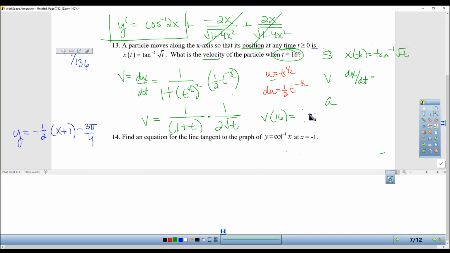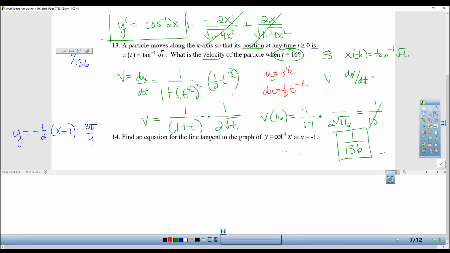So v of 16 is 1 over 17 times 1 over 2 square roots of 16, which of course is 4. 4 times 2 times the square root of 17, 1 over 136. You could have plugged in the 16 even earlier, but I did simplify it just a little bit.